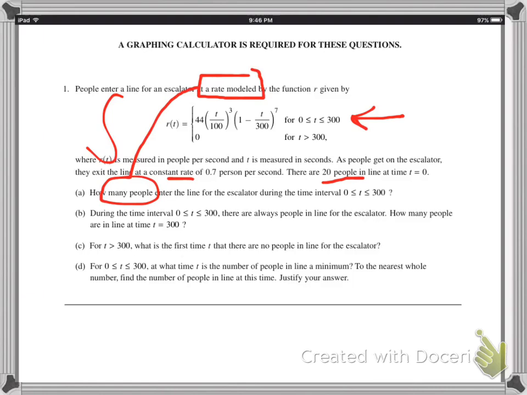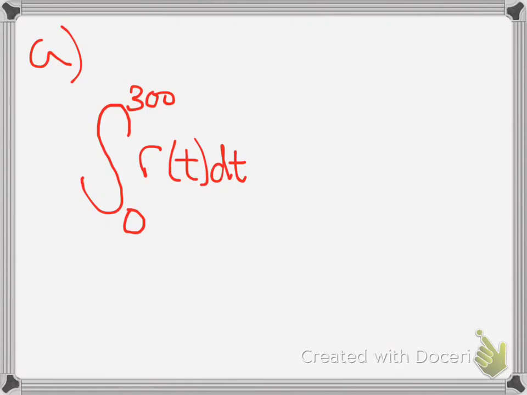We're going to get our integral on the calculator, type in that function, make it from 0 to 300, and you're going to get 270 as the value. Pretty easy question. It's worth 2 points. They give you one for the integral and one for the final answer.